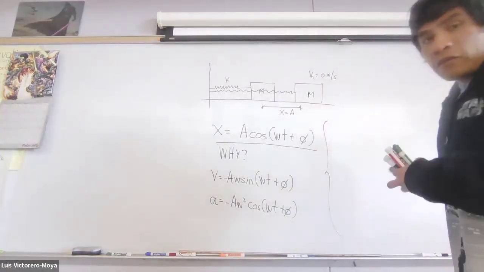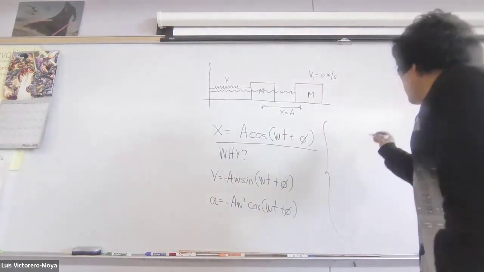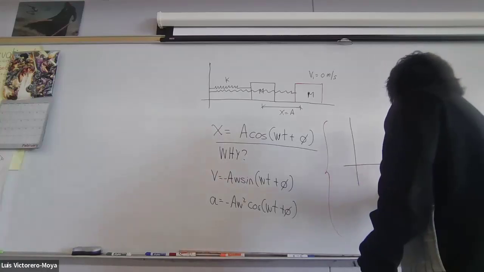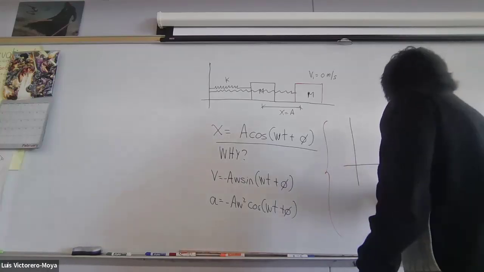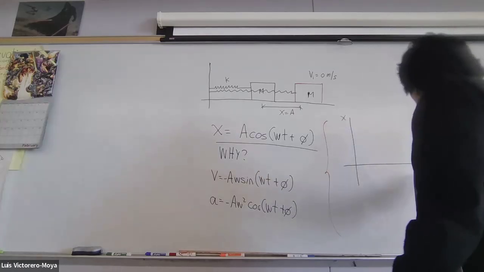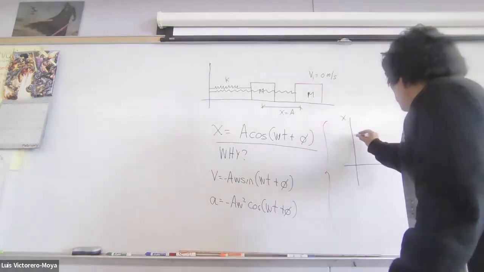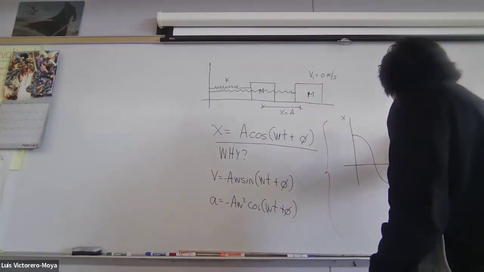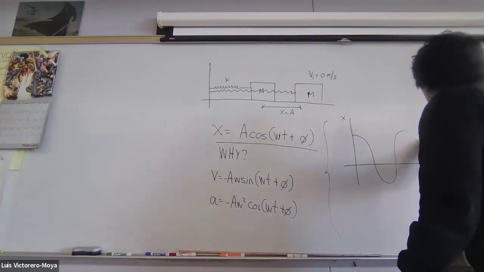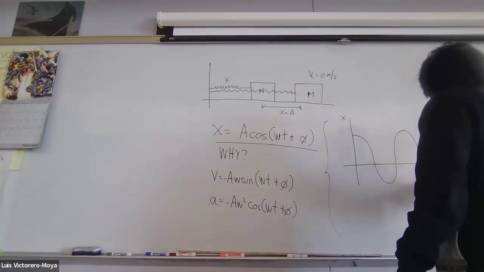If you were to model this on the x and y axes, with the position versus time, then this one will be like this. I can keep going. Like that.